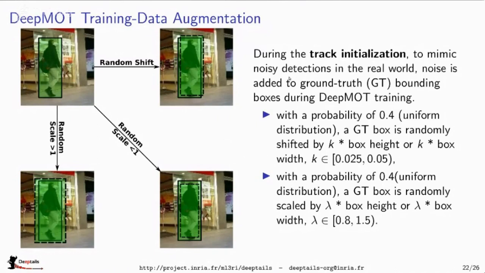To mimic the noisy detections of the real world, we add some random noise to the bounding boxes during training. First, we randomly shift the bounding box with a probability of 0.4, and we randomly scale the bounding box also.